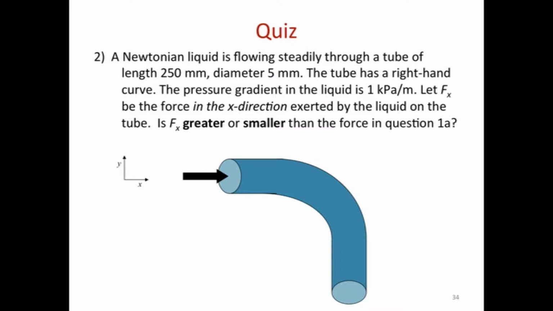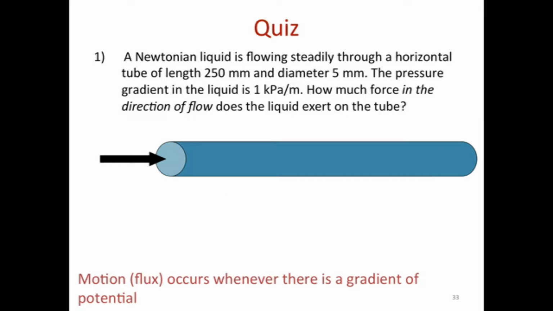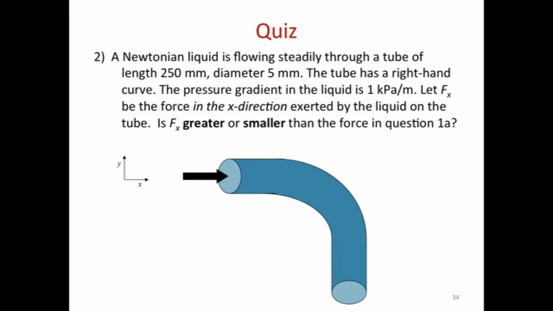Is that force greater or smaller than the previous question force? So I'm essentially wondering about Fx in both this situation, x being this direction, and this situation, and I'm wondering what are the differences.